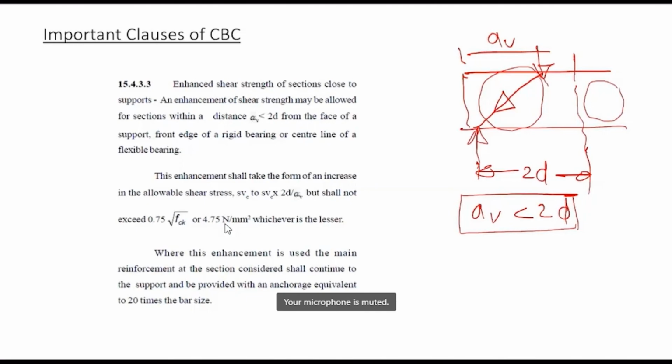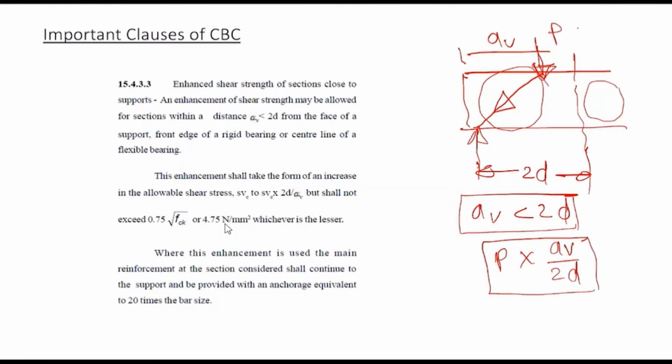There were provisions in IRC and also in the IS code that we will reduce this force P by multiplying with av over 2d, and we will design the shear at this location with this reduced value of load.